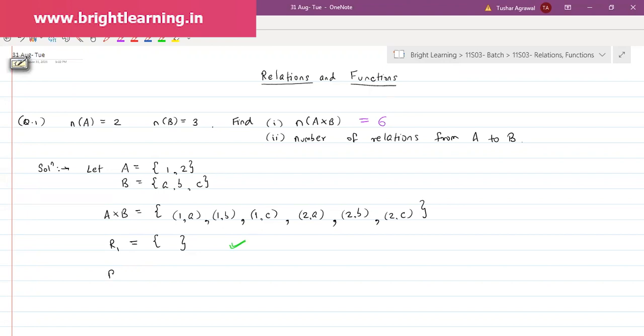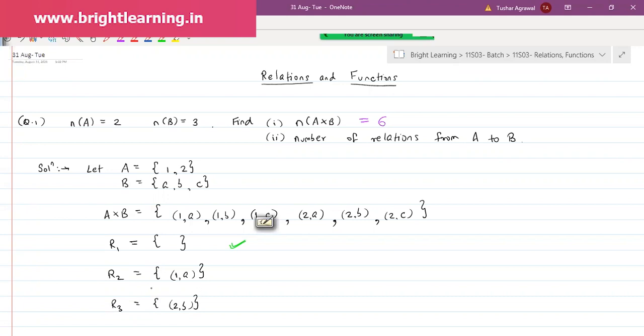You could also form a singleton set. Singleton means consisting of only one element. Let's say (1, a). This is also a relation. You could have also formed a singleton set like (2, b). This is also another relation.